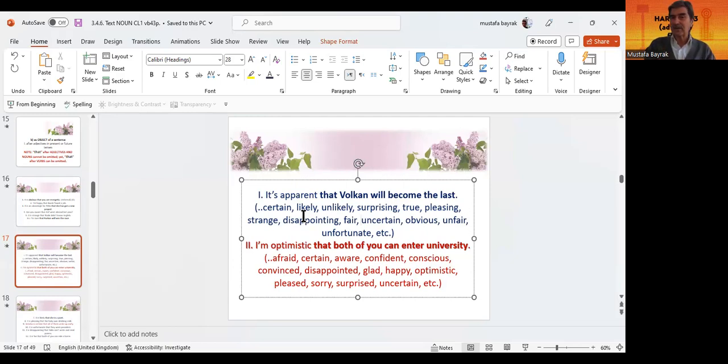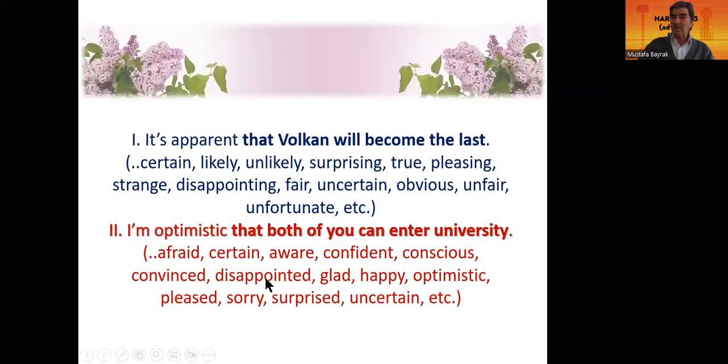I am optimistic that, for example, I am optimistic that both of you can enter university. Or I am afraid that, I am certain that, I am aware that, I am confident that, I am sure that, okay, I am sure that both of you can enter university.